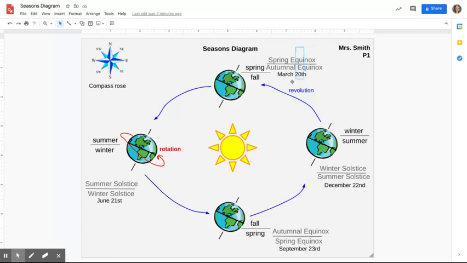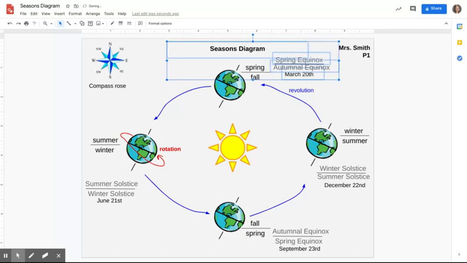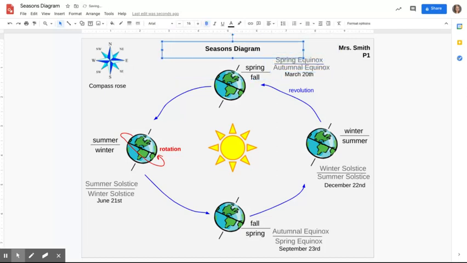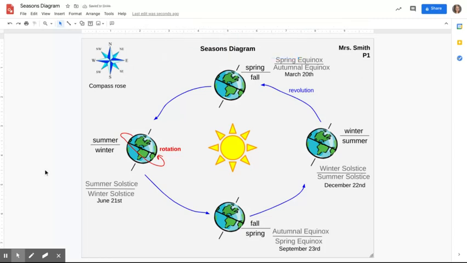Again, we're going to read and talk about this information as a group, as one of our stations, but this is kind of piecing together our new information and our old information from when we started talking about rotation and revolution. So hopefully this helps you to see how they all fit together, and email me if you have any questions. You are going to need to turn in this paper to me whenever you come to class.